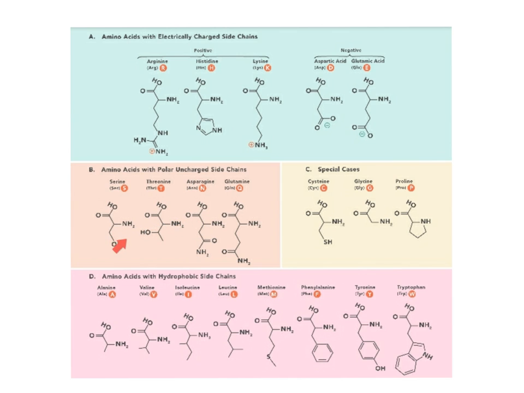They have polar groups like OH, NH, but they are not charged, right? And we have some special cases here like glycine, which we said has only a single hydrogen. Here we have cysteine. We have sulfur here, SH. And we have a ring structure here, right? And these are side chains with hydrophobic groups. That means they don't have any polar groups, they have just a bulk of CH elements, right?